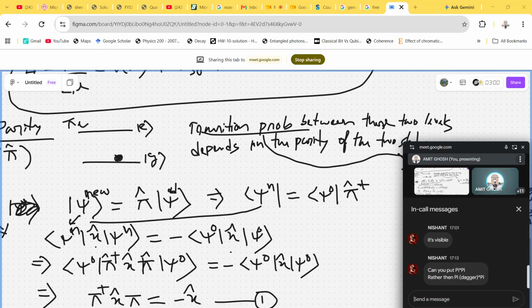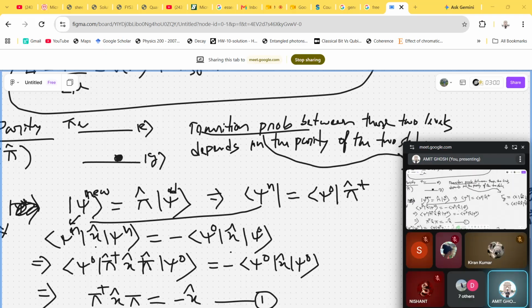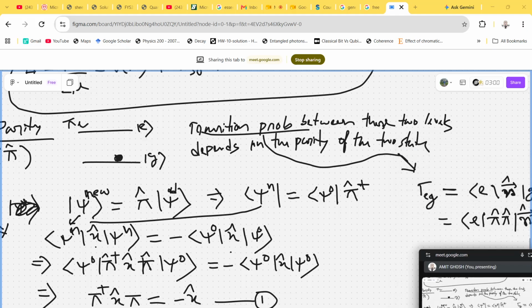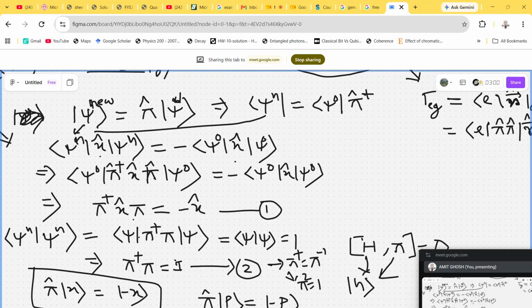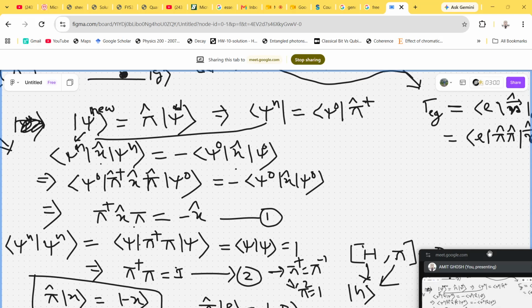Yes, I can put it because Π² is 1, that you can prove. So instead of 1 I am writing just Π². This is the property of the parity operator, that Π² is 1. That's only why I am using it here.